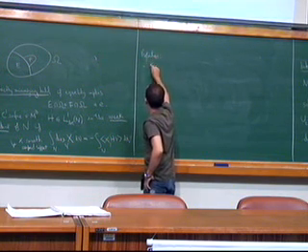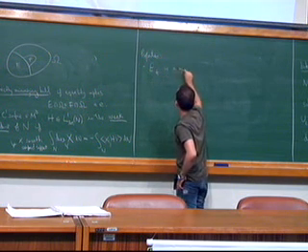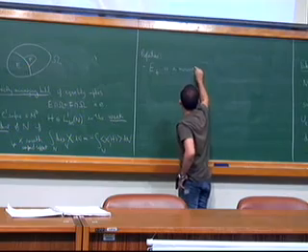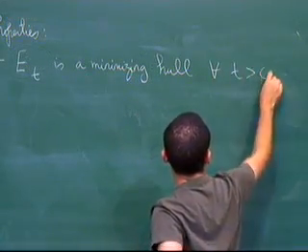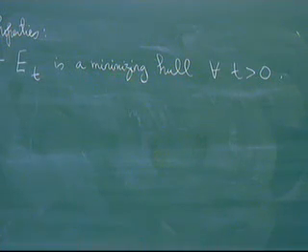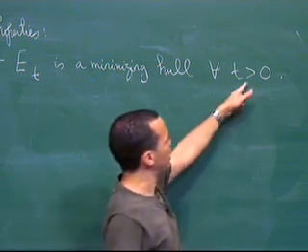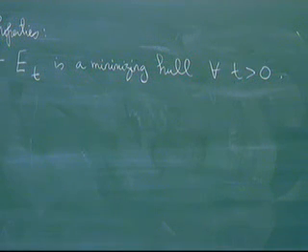First of all, E_t is always a minimizing hull for any positive t. This is something that you can prove using the minimization principle. Not for t equal to 0, because you could have started with an arbitrary open set, maybe not a minimizing hull. But for any positive time, this property is actually true. So that's the first property.